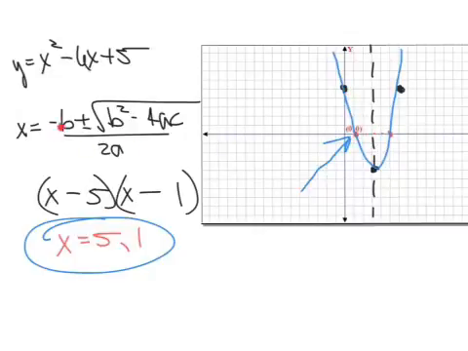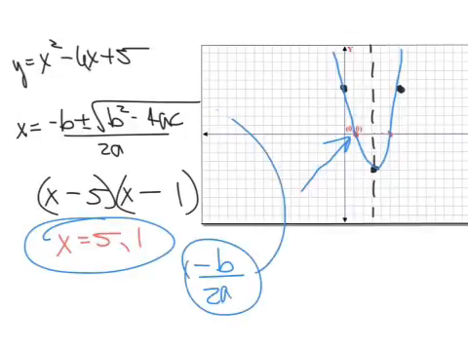X is when you solve it using the quadratic formula, or you just break it down into two binomials and solve it. That's where it crosses. And the vertex is always going to be at negative b over 2a. That'll be the x value, and then you take that number and plug it in the original one to find the y value, and that'll be where the lowest part is, or if it's this way, where the highest part is.